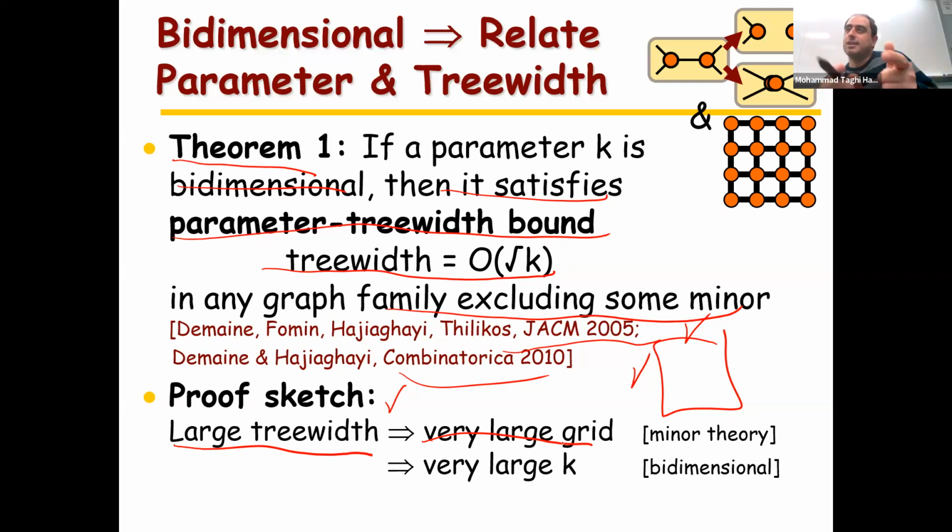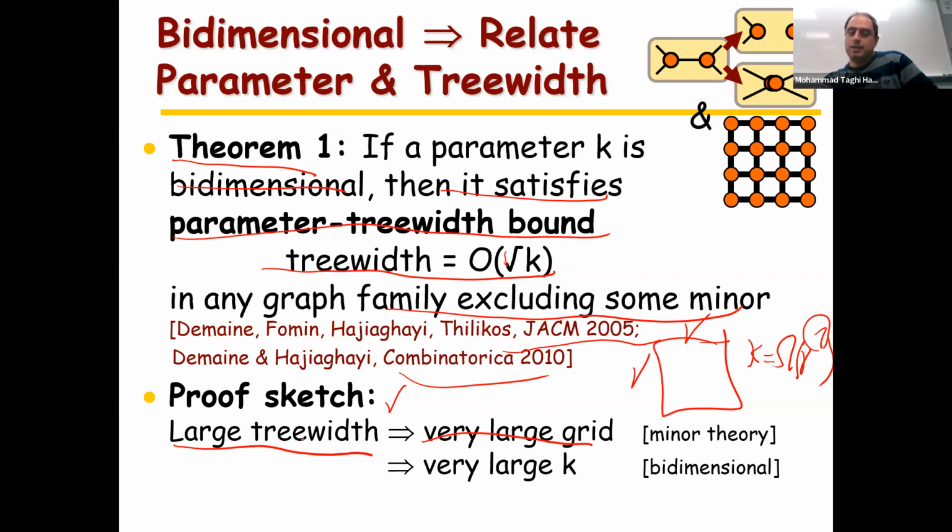Generally, as I mentioned, for example for dominating set or vertex cover, we knew that if we have an r by r grid, the size of the parameter is r squared. So this square root is coming from this square.